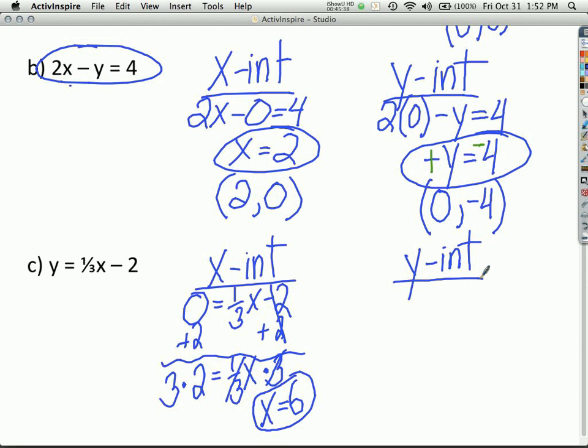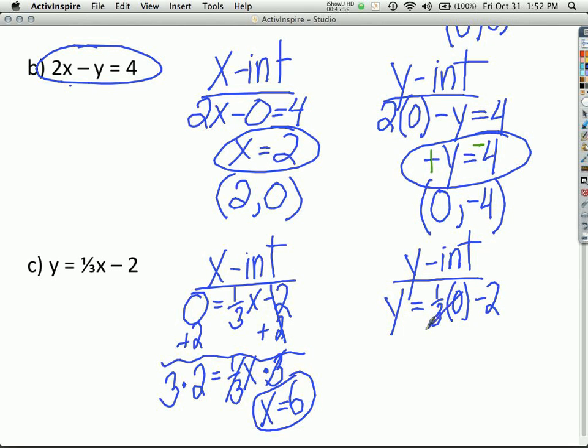Beautifully said. Change the x to 0. Watch this. Y equals 1/3 times 0 minus 2. How many steps is that going to take? Hold up the number of fingers that it's going to take. Good. Some of you are catching on. Yeah, it's going to be 0 steps.